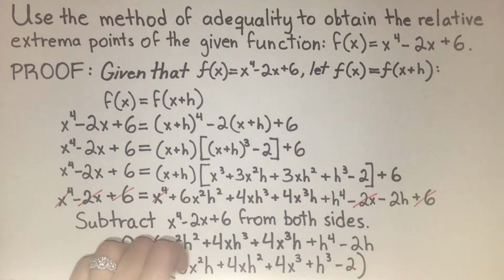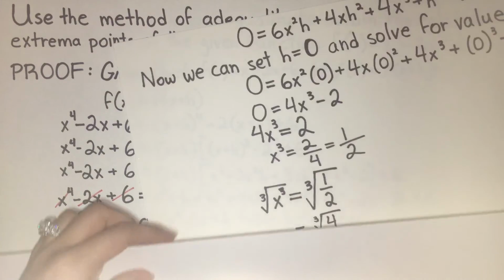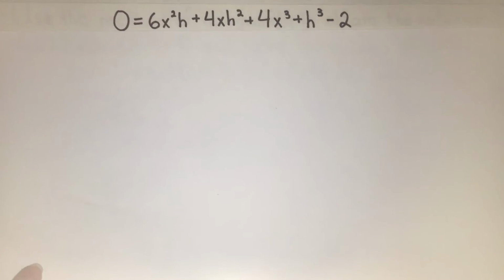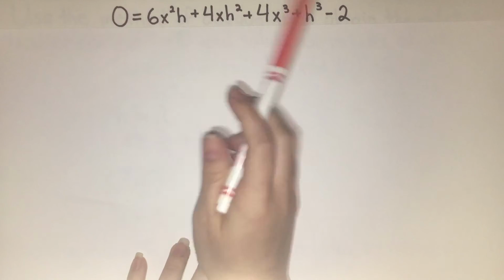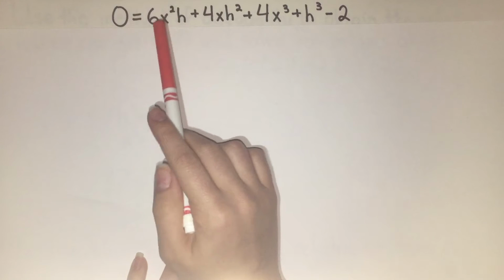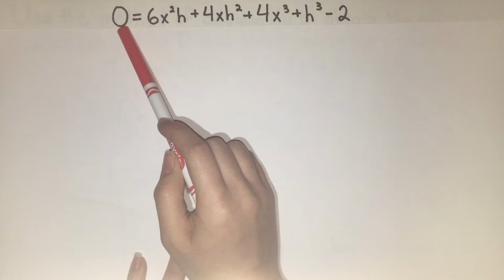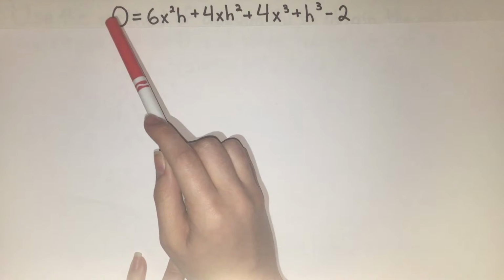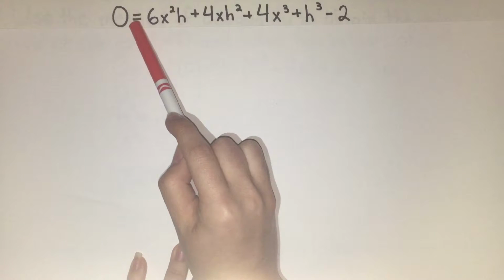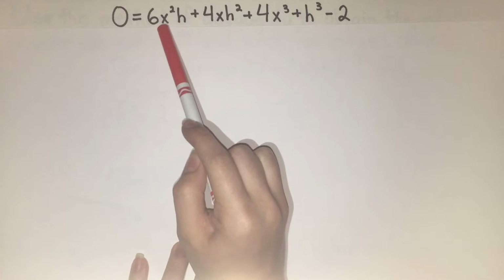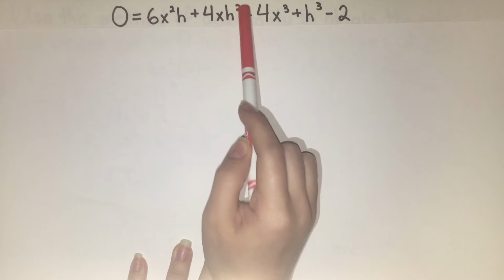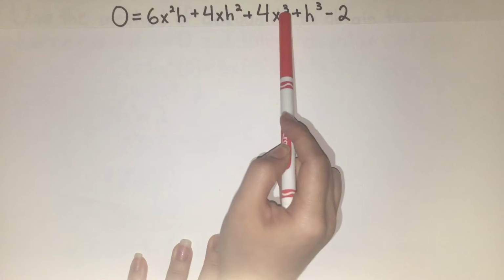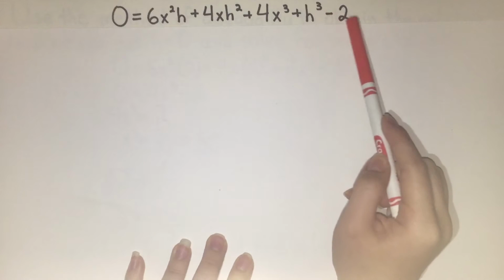Finally, we can divide both sides by the extra variable h, and we have 0 is equal to 6x squared times h plus 4x times h squared plus 4x cubed plus h cubed minus 2.